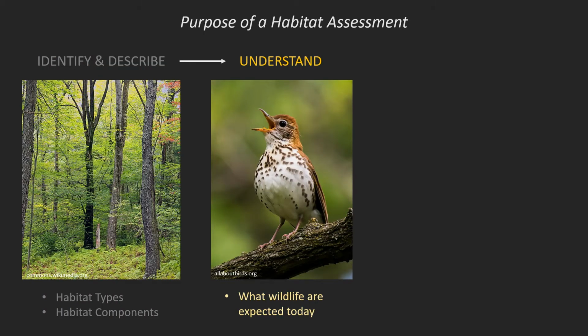We then use that information to understand what wildlife species can be expected to occur within that area at the time of the assessment. We can do this because each wildlife species is associated with specific habitat types and/or specific habitat components.